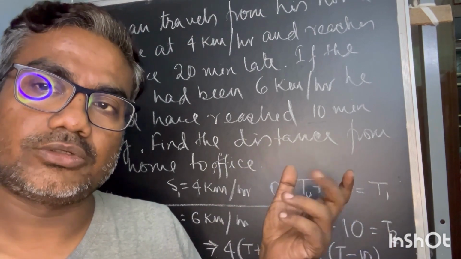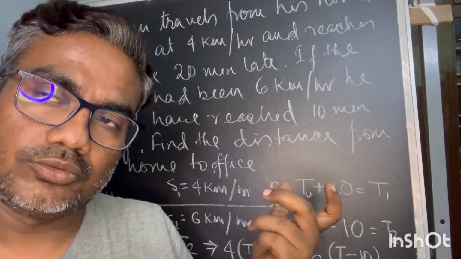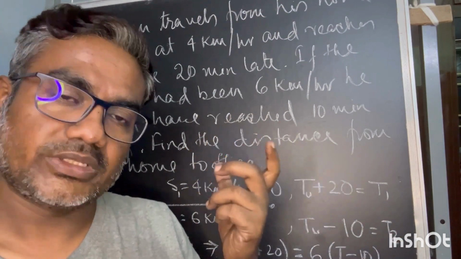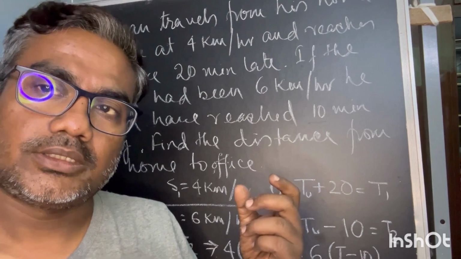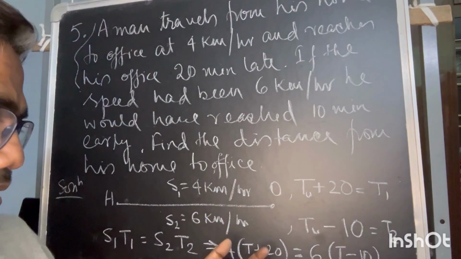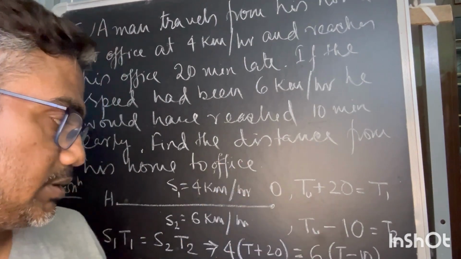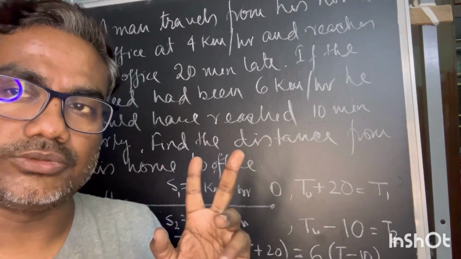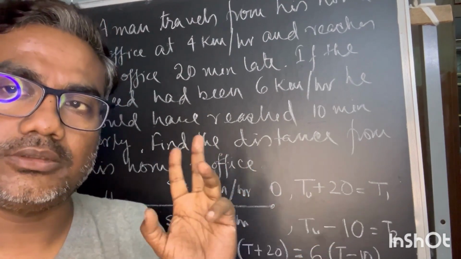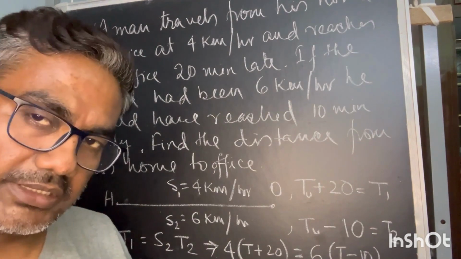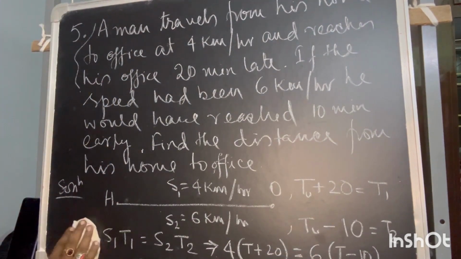So that is one method of solving two variables with one equation, but that is a rare one where things are described in such a way. But overall, in other cases, when there are two unknowns, you need at least two equations. If it is one variable, one equation is enough. So in this case only one variable is there, T. So it is very much solvable.